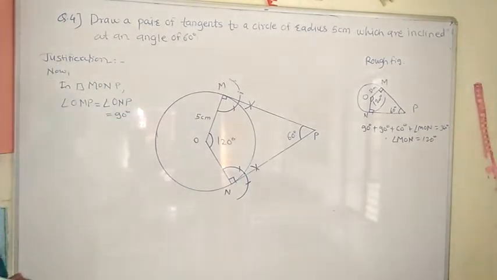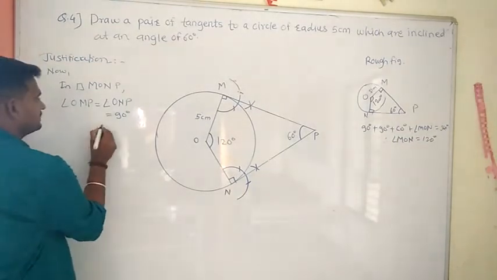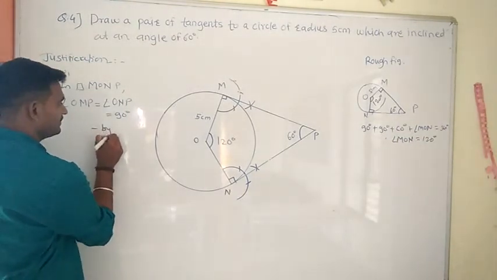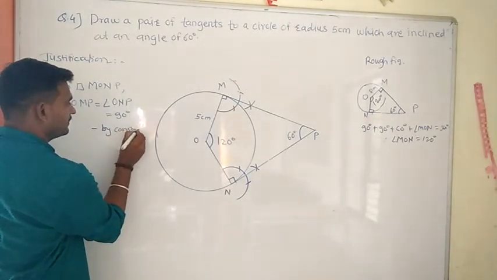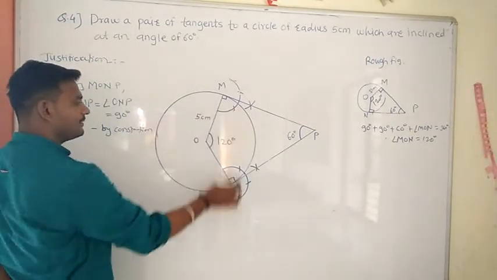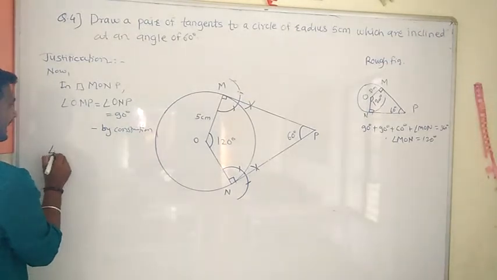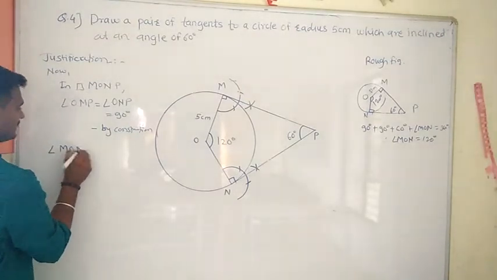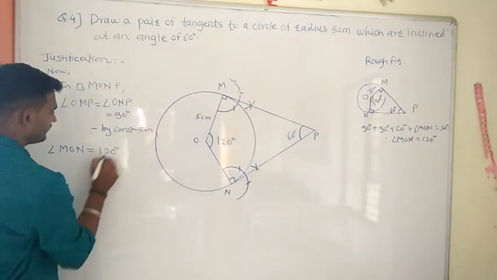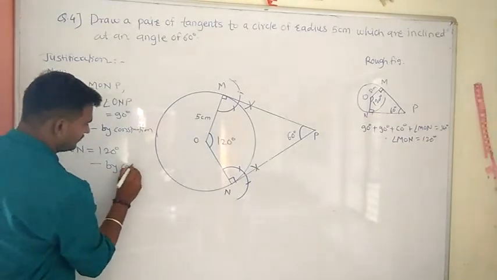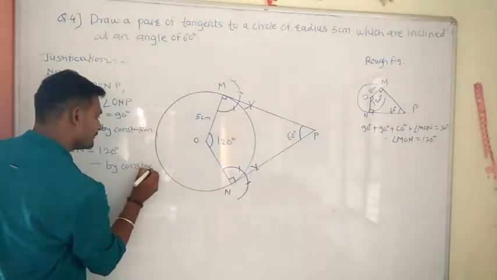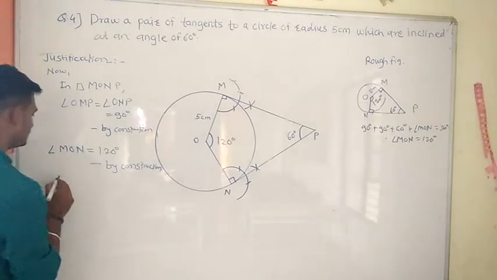Why are these two angles 90 degree? Because by construction, we have constructed these two 90 degree angles, by construction. These two angles are 90 degree, and angle MON is equal to 120 degree. Reason is by construction. We drew the 120 degree also ourselves. Therefore it is also by construction.